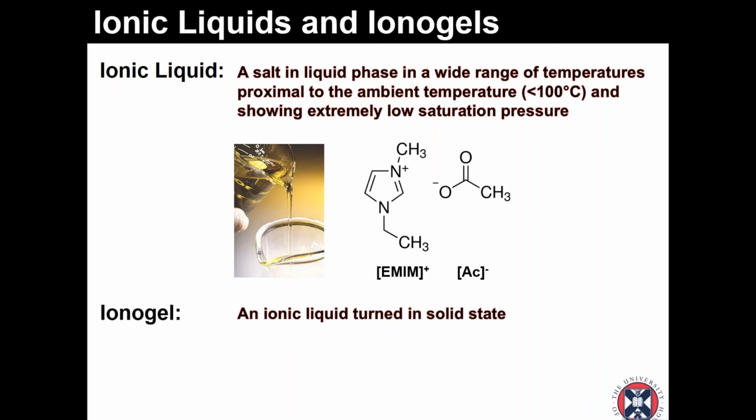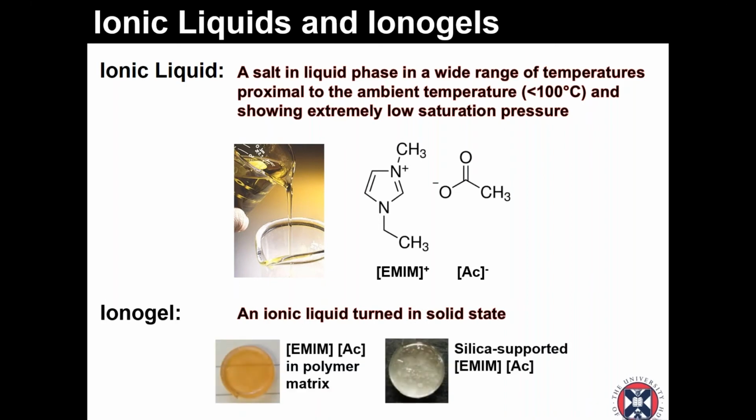Then we need to introduce a second definition, which is the ionogel. The ionogel is turning the ionic liquid into a solid state. We can do that in many different ways, and in this presentation we will see two.